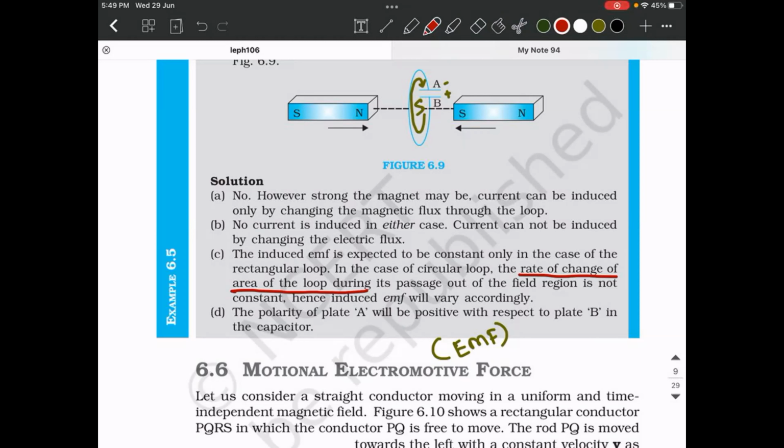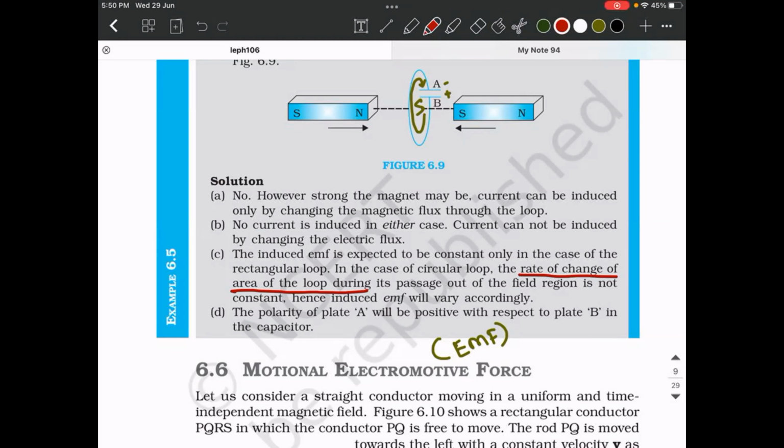But the shape is not a constant. Is it the same shape that is coming out? That is the reason. So shape is same, but the size of the shape is varying. Once you get a small triangle, then big, it keeps going. Whereas in the case of rectangle, if you get a rectangular piece outside, the same rectangular piece will come out again.